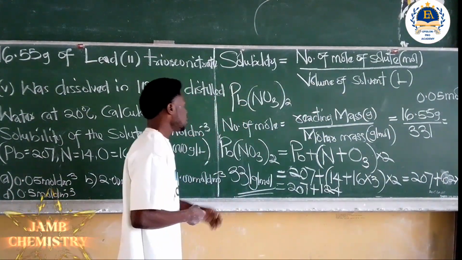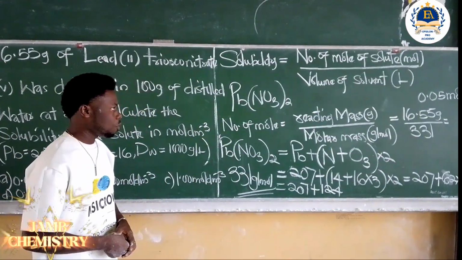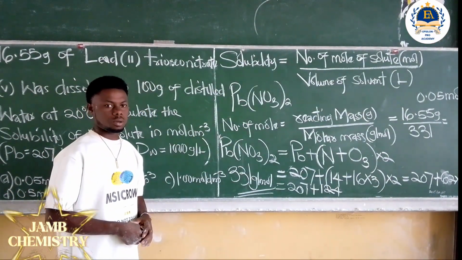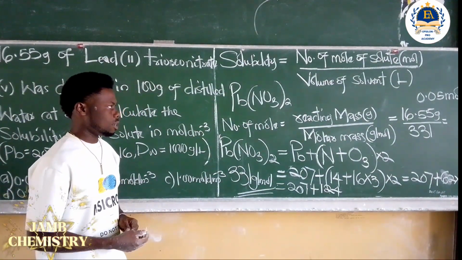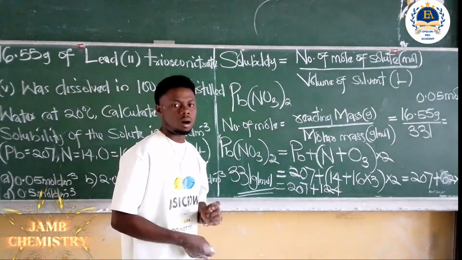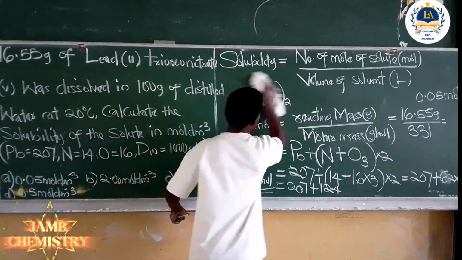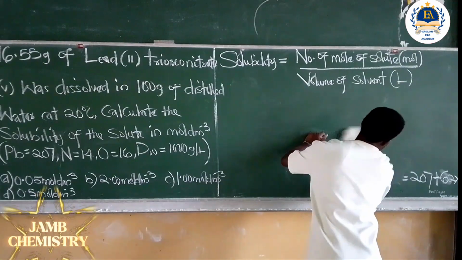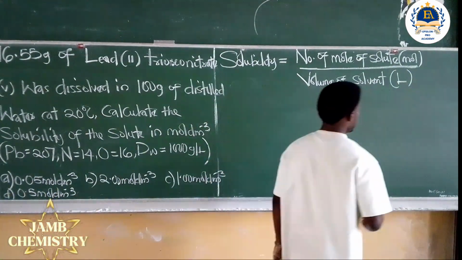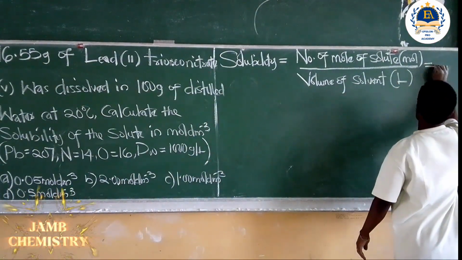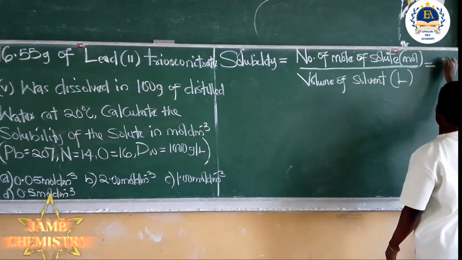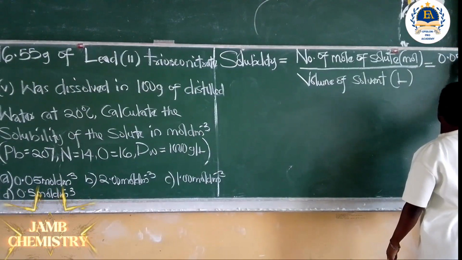At this point, we have successfully determined the number of moles of the solute, which is lead(II) trioxonitrate(V). The next thing is to determine the volume of the solvent. So the number of moles of the solute is 0.05 moles.